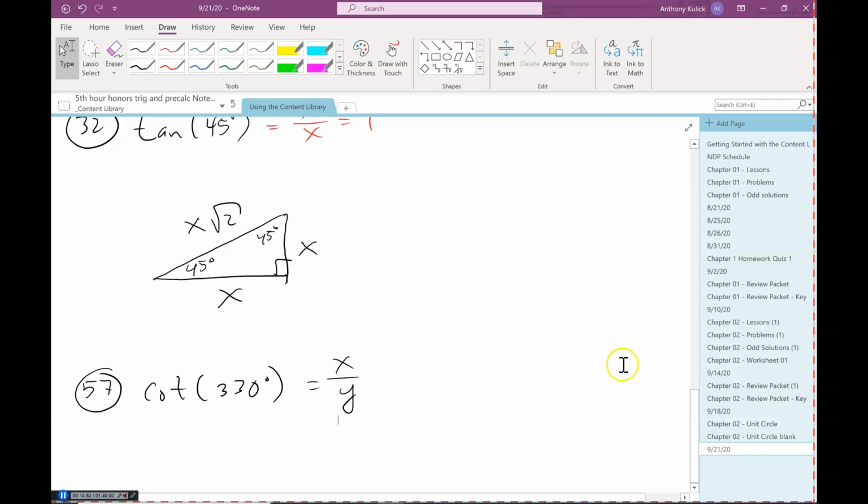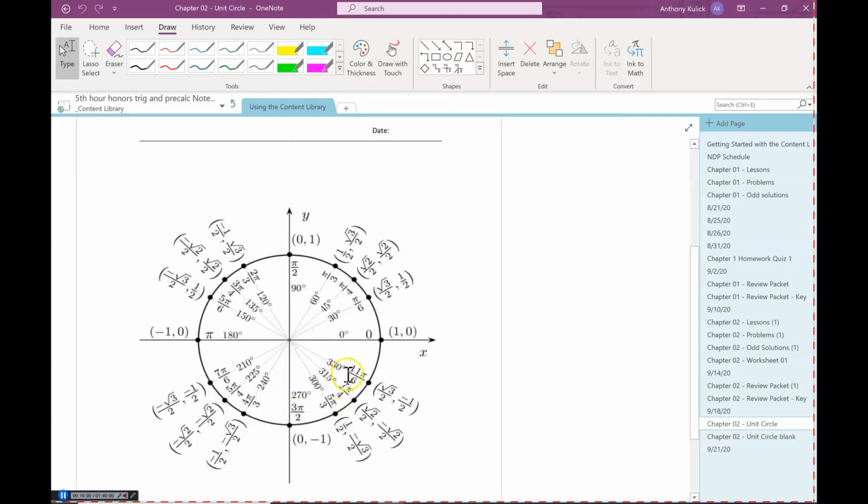So now I'm going to switch over and go to my unit circle and look at the x and y coordinates where they're at a 330 degree angle. So at 330, the x-coordinate is root 3 over 2, and the y-coordinate is negative 1/2.